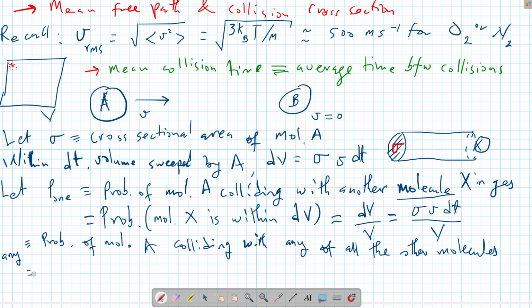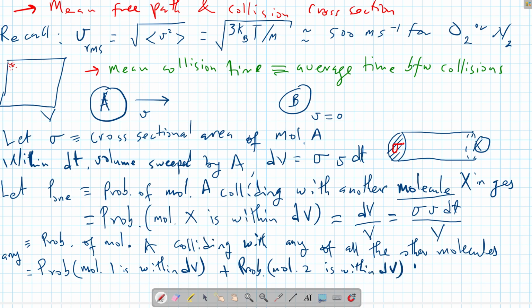So this is going to be the probability, let's say molecule number 1 is within dV, okay, plus the probability of molecule number 2 is within dV, plus all the way, so all of them, up to the last molecule, so that would be n. If n is very huge, there is no difference between n and n minus 1.